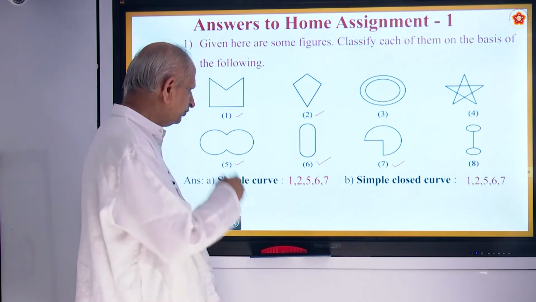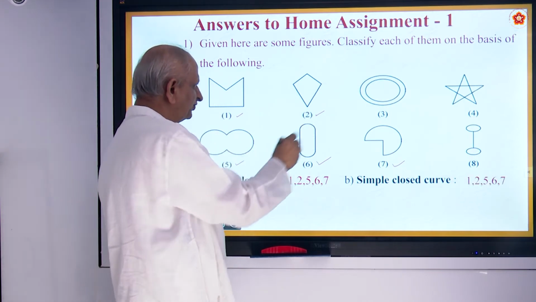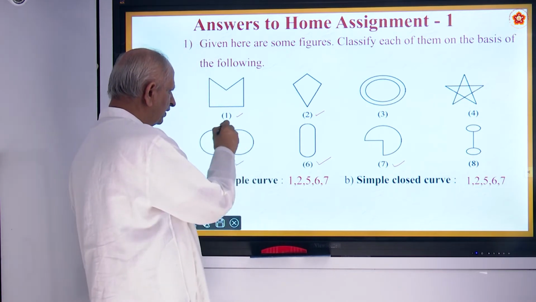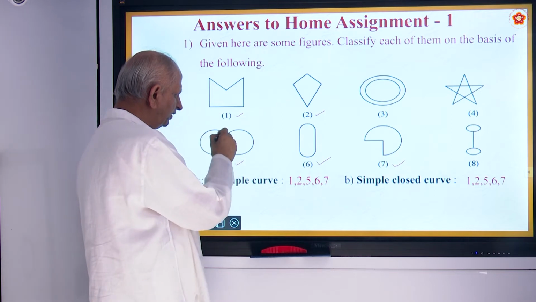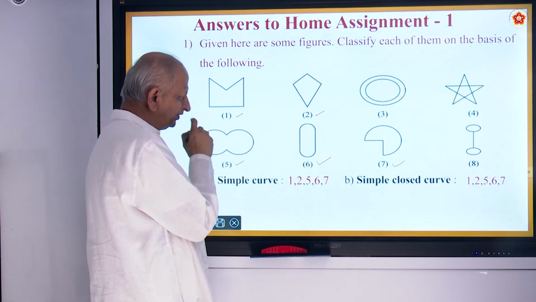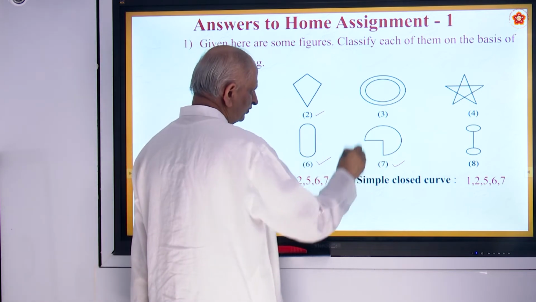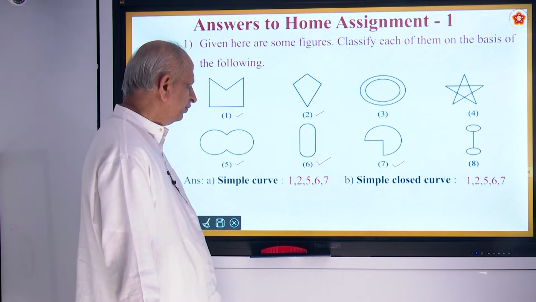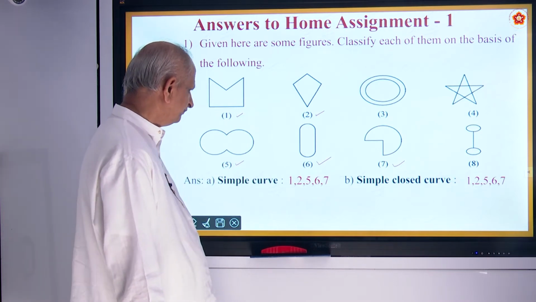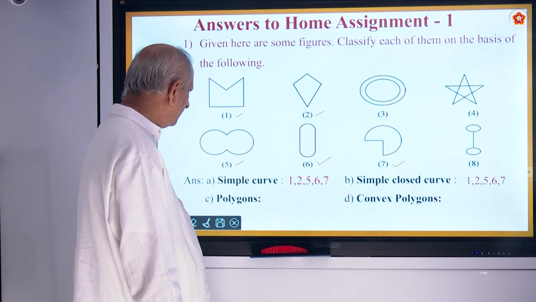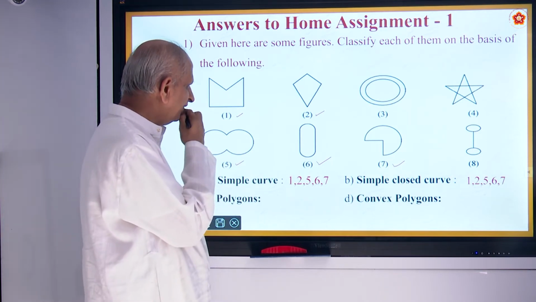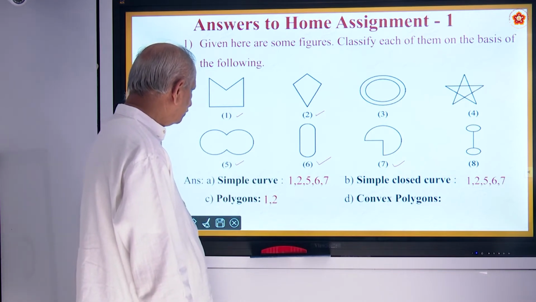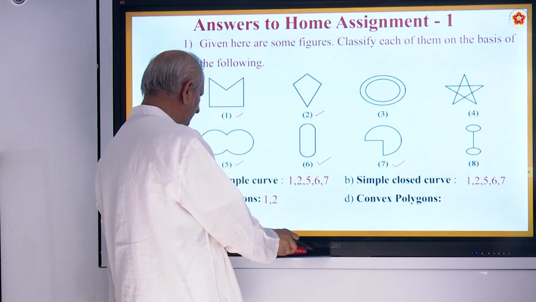Simple closed curves are also 1, 2, 5, 6, 7. They are closed because all the line segments or the arcs are joined to each other. So simple closed curves are 1, 2, 5, 6, 7. Next question, polygons. How many of them are polygons? The answer is 1 and 2. So these are polygons.